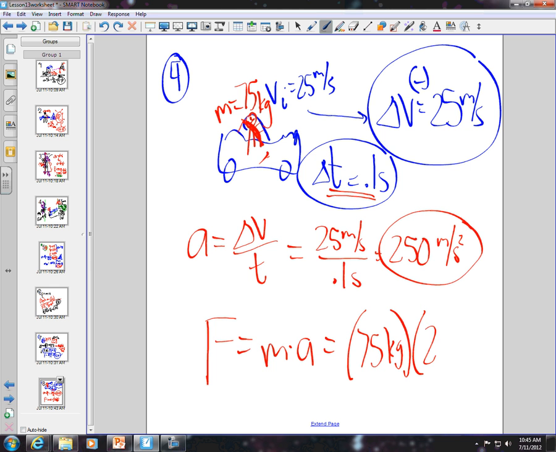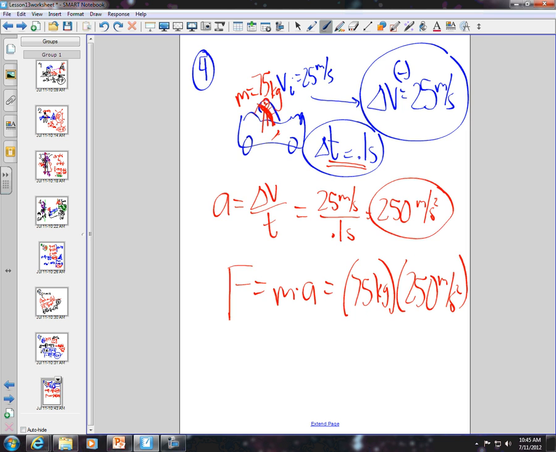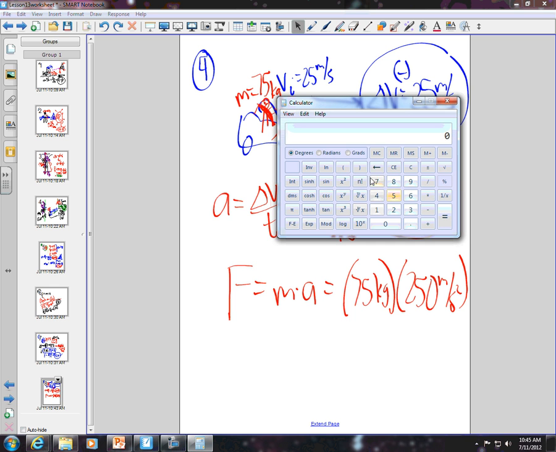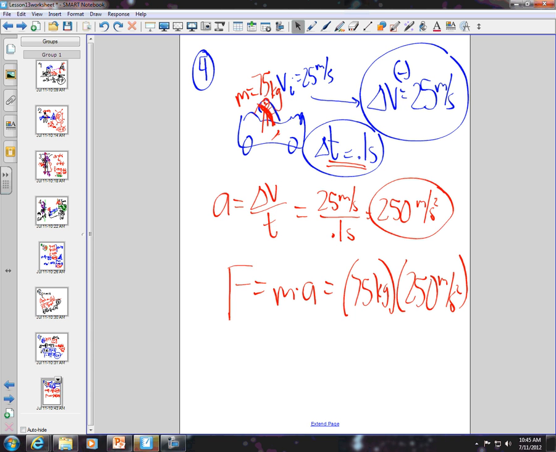Acceleration is 250, technically negative, to the left. And it looks like it will definitely be more than 18,000. Let's plug that in just to see how close we get. Yeah, 18,750. And technically, again, it's negative. It's to the left.